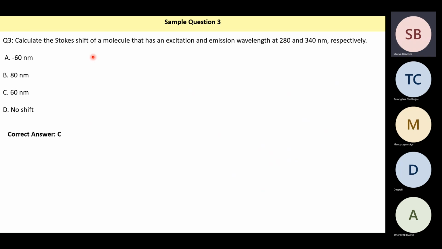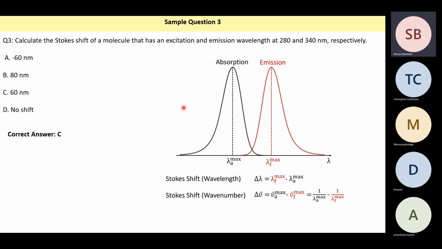The answer of this is C. The formula for calculating the Stokes shift is taking the difference in wavelength of the emission minus the absorption. As we know, the emission spectra has larger wavelength or lower energy compared to the absorption spectra, because some of the energy is lost due to collision with other molecules or with molecules of the solvent.